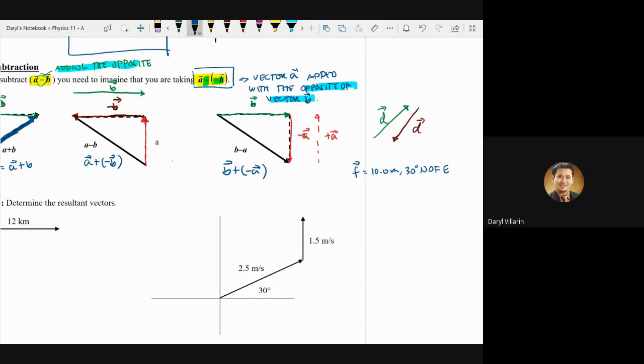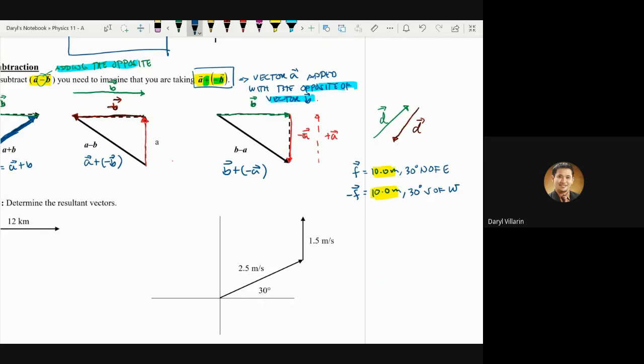So what do you think is negative f? Negative f is a vector with the same magnitude, so 10 meters is the same, but it should be in the opposite direction. So if this is 30 degrees north of east, this should be south of west.